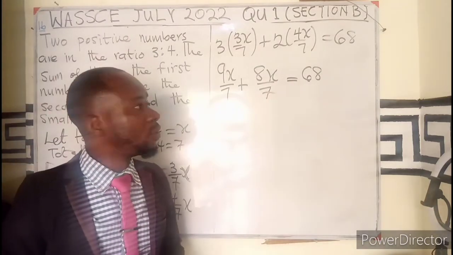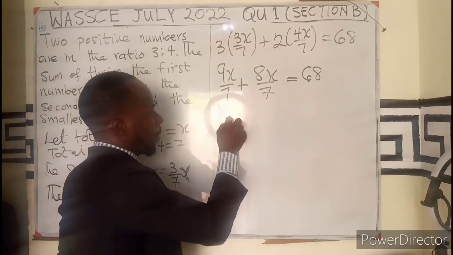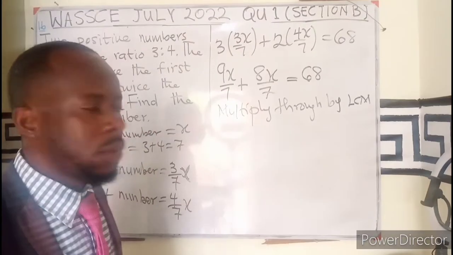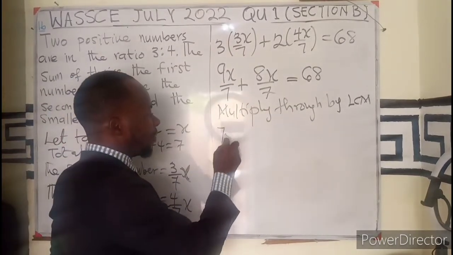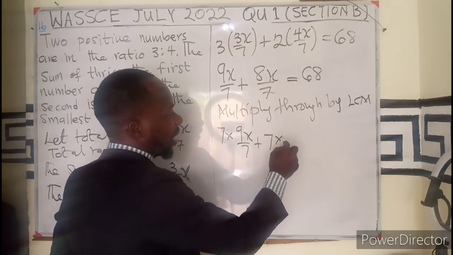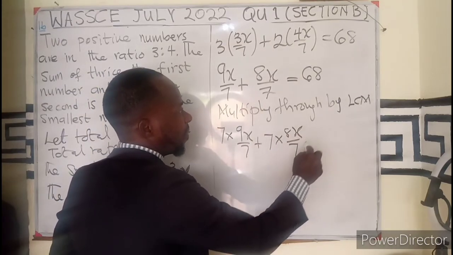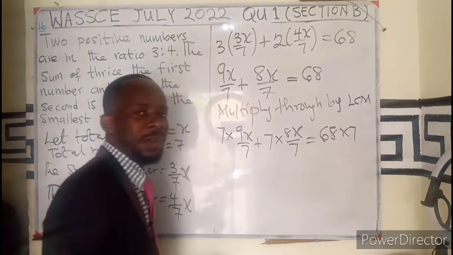We know we clear fractions by using the LCM to multiply through. So we are multiplying through by the LCM, which is 7. 7 will multiply 9x over 7, and 7 times 8x over 7 equals 68 times 7.